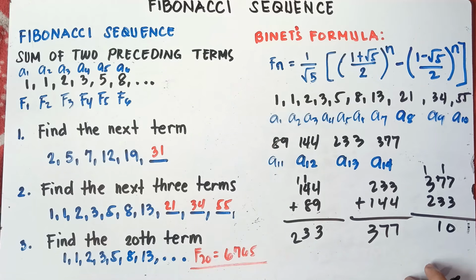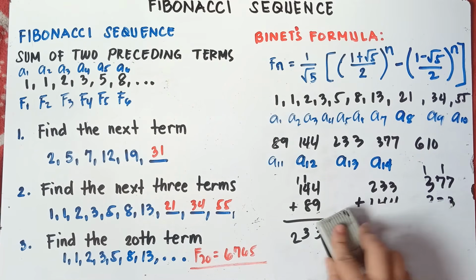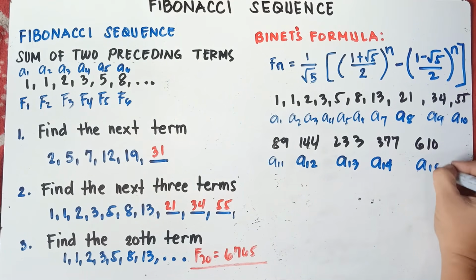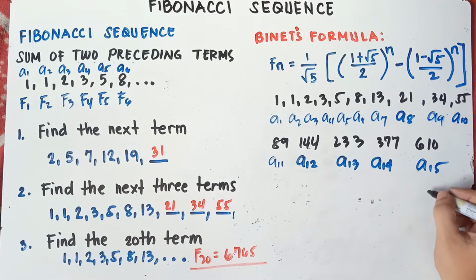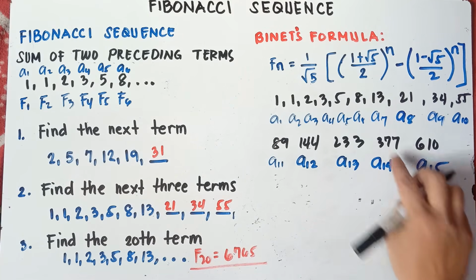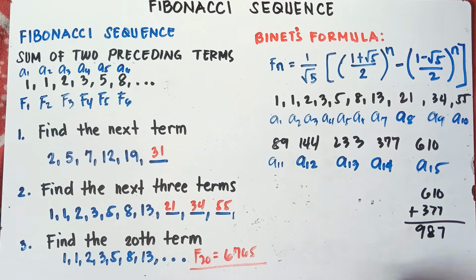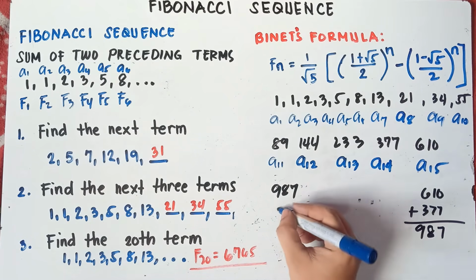So this will be 3 plus 2 is 5, plus 1 is 6, so 610. 610 is the 15th term, or f sub 15. So 610 plus 377. So that will be 0 plus 7 is 7. 1 plus 7 is 8. 6 plus 3 is 9. 987. So 987 is the 16th term.